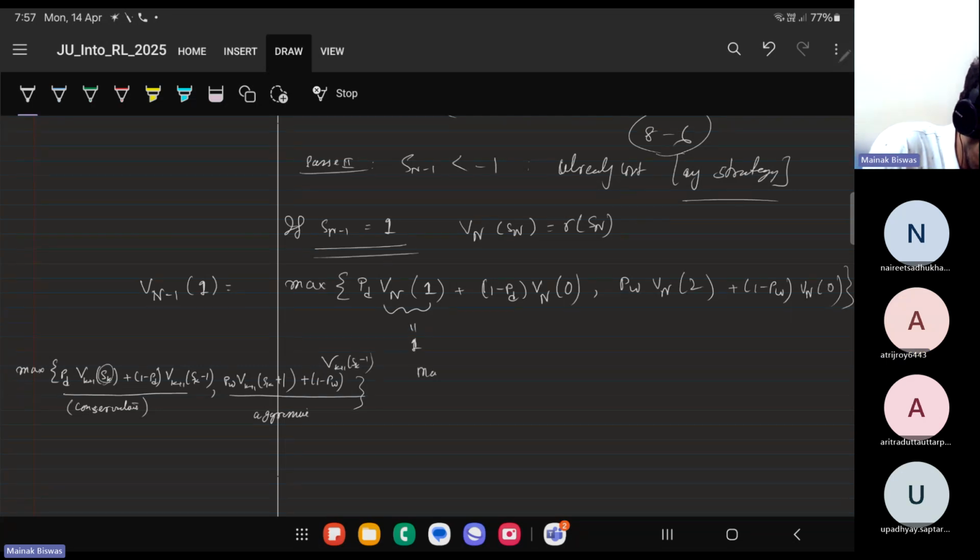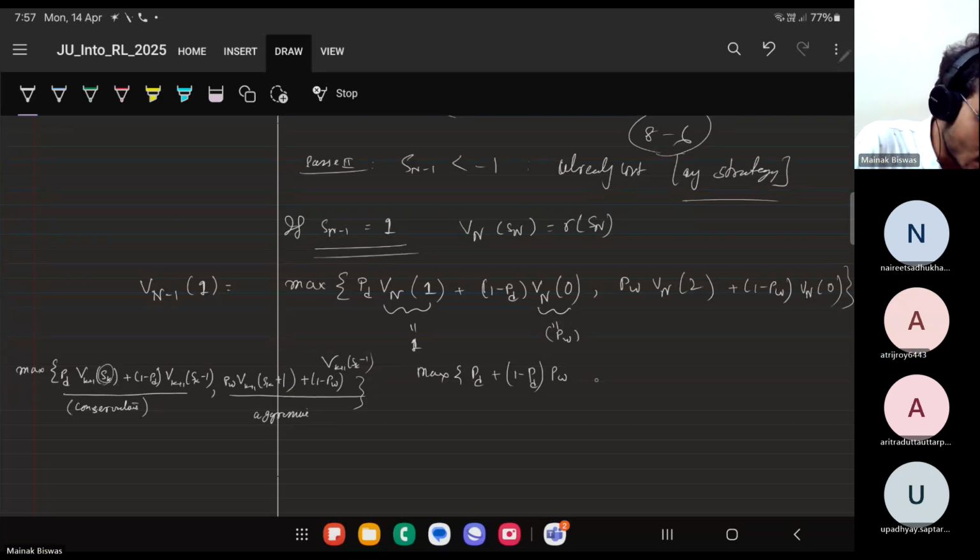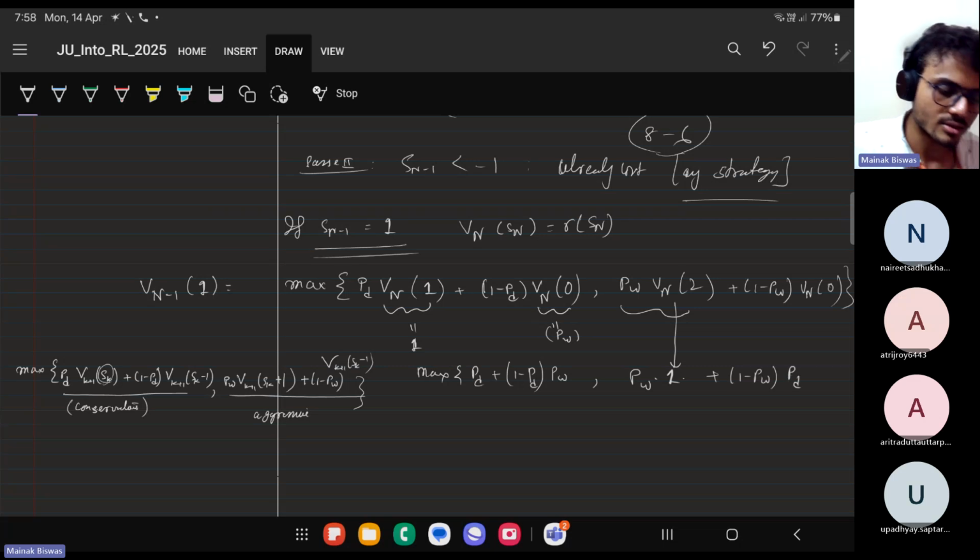So I get max of P_d plus, what is the reward again if we are at 0 after n games? We defined this as the probability of win, P_w. Similarly, this becomes P_w into the value of being at 2 after n, that is again 1, plus (1 minus P_w) into P_d or again P_w. Correct?